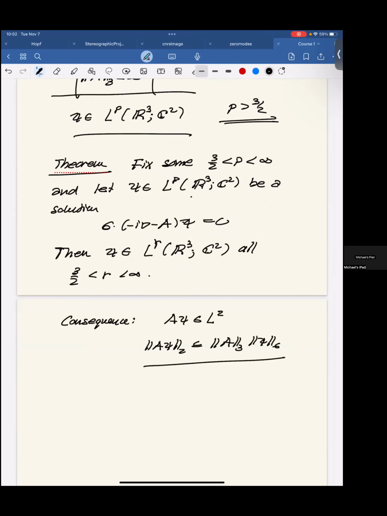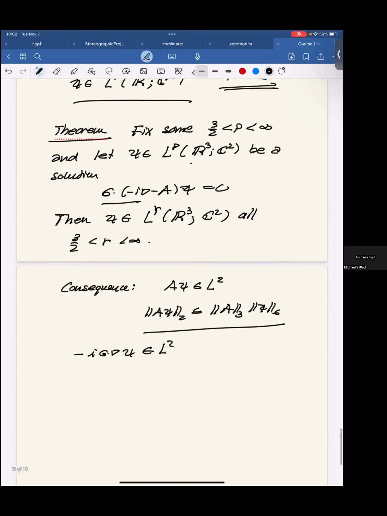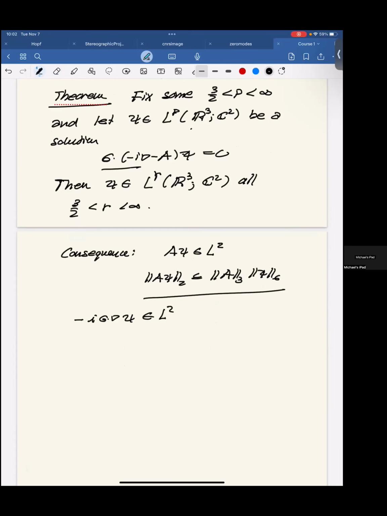And therefore, because of the equation, you realize that sigma dot minus i grad psi is in L2.